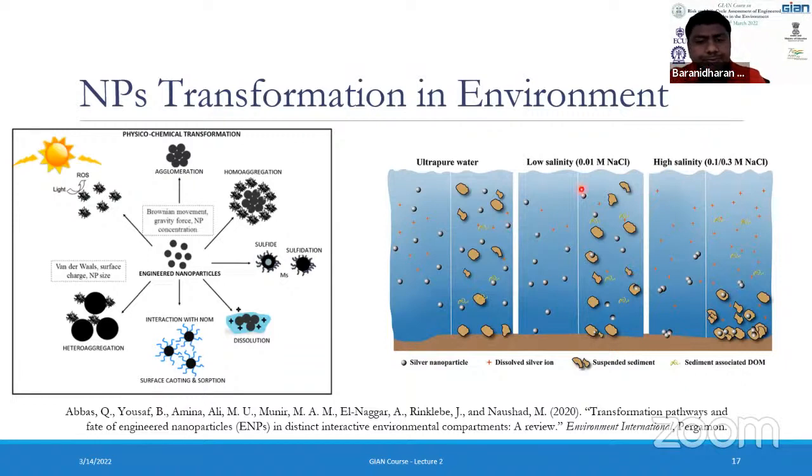Not only the ionic strength present in the water, but it also depends upon the pH of the solution, the specific charge, as well as the electrolyte type and its concentration, or otherwise divalent cations, monovalent cations, and their concentration that is available there. It also plays a vital role.